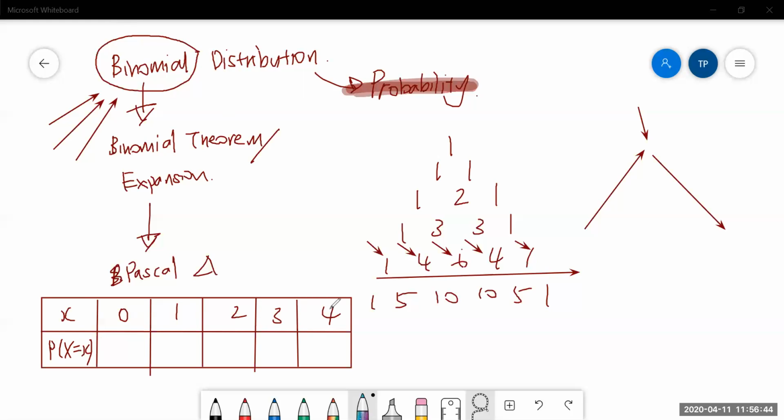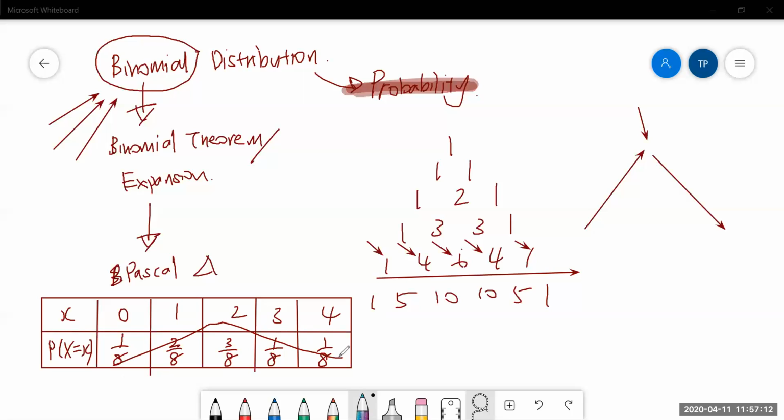Let's say the number of goals a soccer player scores. Maybe this is 1/8, this is 2/8, this is 3/8, this is 1/8. So we can see that the probability goes up, then it comes down.